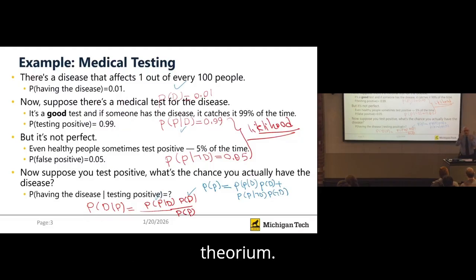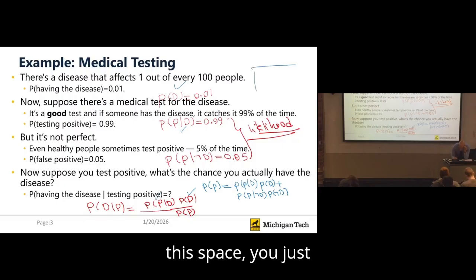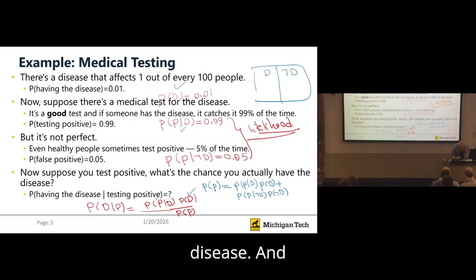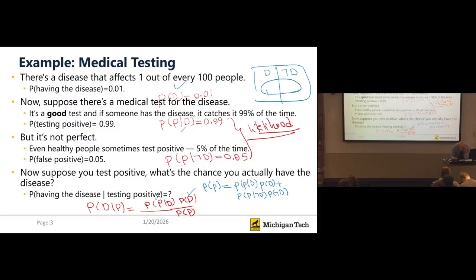This is the total theorem, saying that in this space, you just have disease or not disease. And this is the probability of positive.